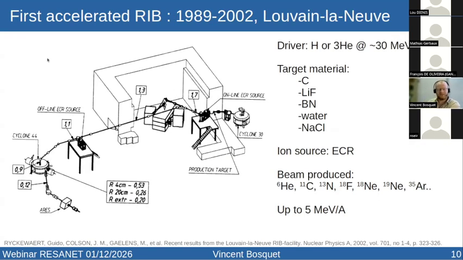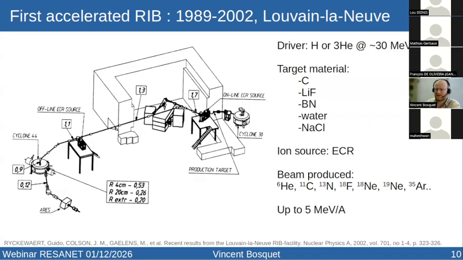The second step happened in Louvain-la-Neuve in Belgium in 1989. In this facility, they were using a beam made of protons or helium-3 at an energy of 30 mega electron volt. The target materials that have been used are either carbon, lithium fluoride, boron nitride, water, or just plain table salt.